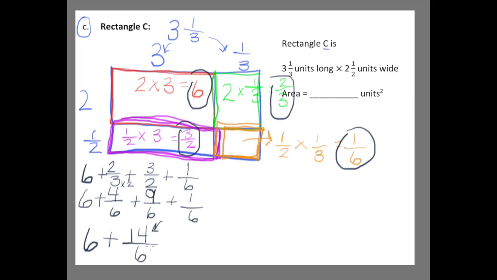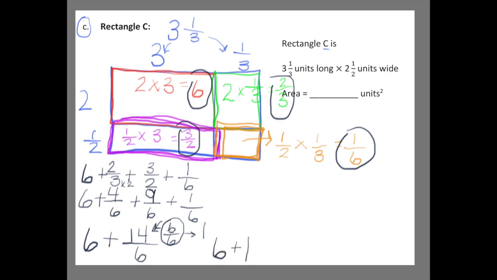Improper fraction alert. Our numerator is larger than the denominator. We know that we can pull a whole number out of this fraction. This denominator is 6. So we know that we can pull 6/6 out of 14/6 and trade it in for a whole number 1. So let's go ahead and rename that and see what we're dealing with. So we have 6 plus 1.